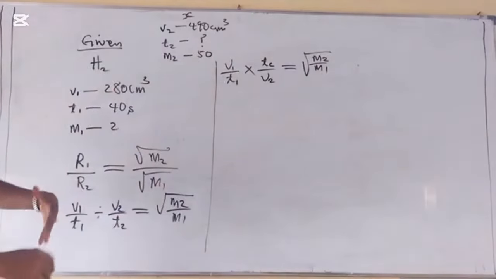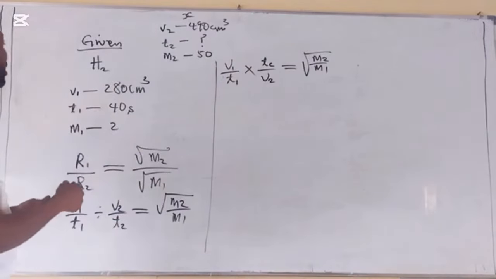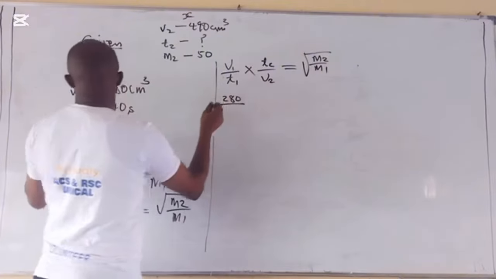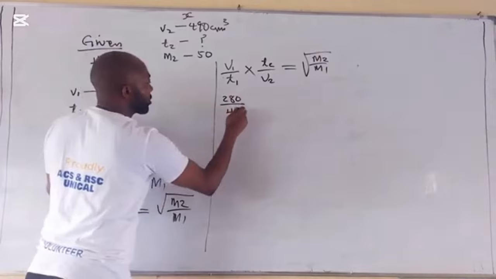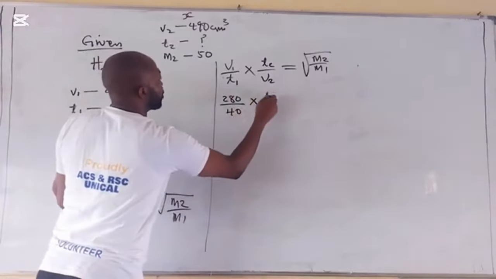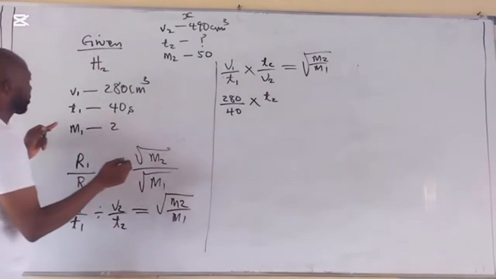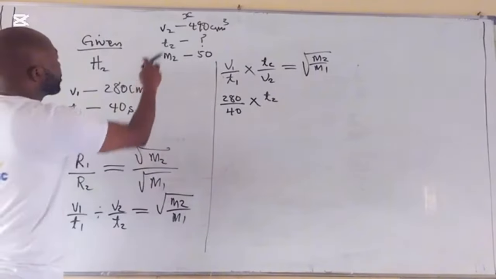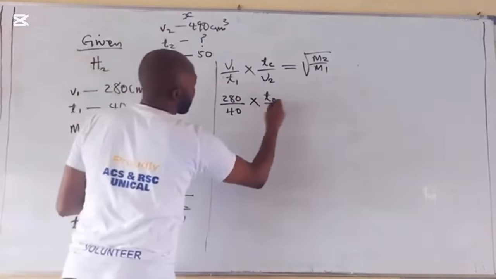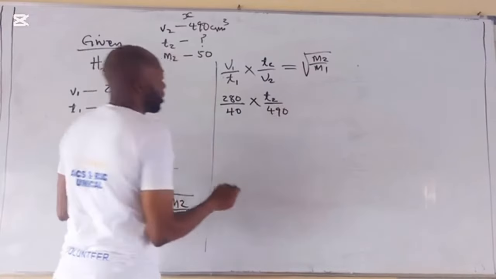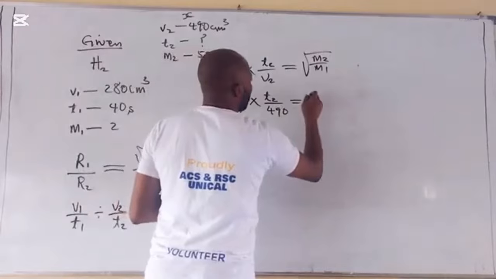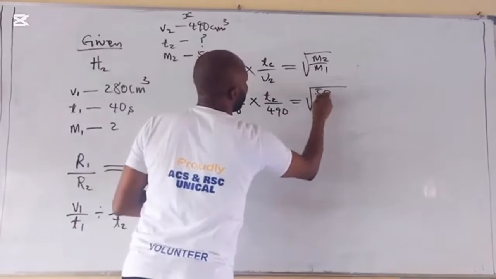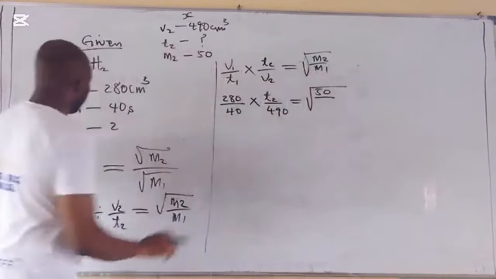Now I want to substitute the variables inside. V1 is 280, T1 is 40 seconds, times T2, which we're looking for. Then V2 is 490. This is equal to the root of M2 is 50, M1 is 2.